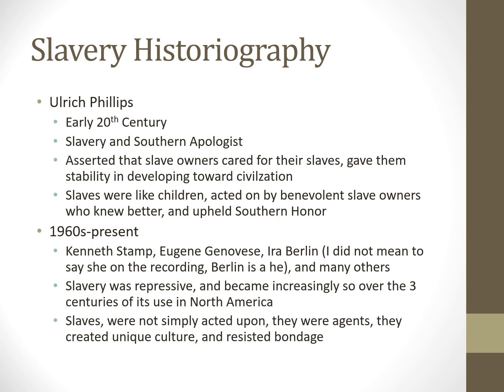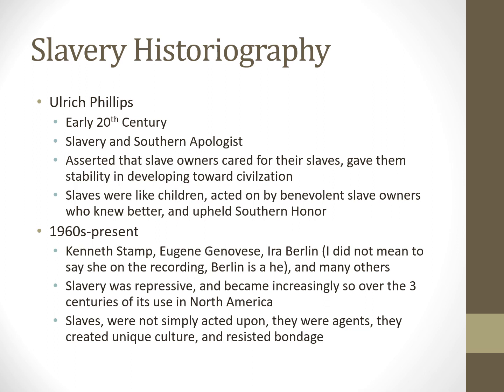Slavery and Southern slave owners were initially treated in a very apologetic light by original historians in the early 20th century, particularly Ulrich Phillips, who wrote on this topic in the early 20th century.